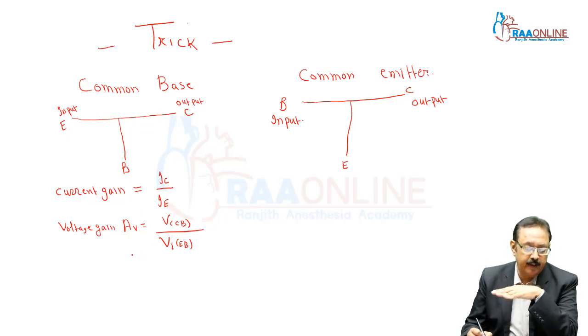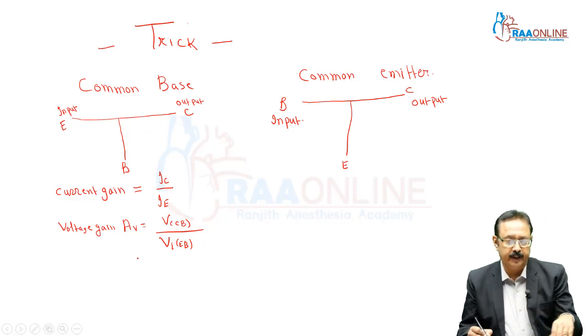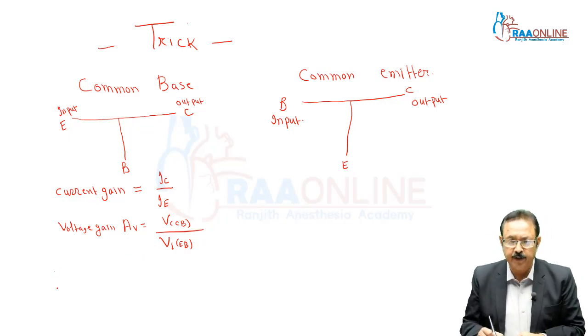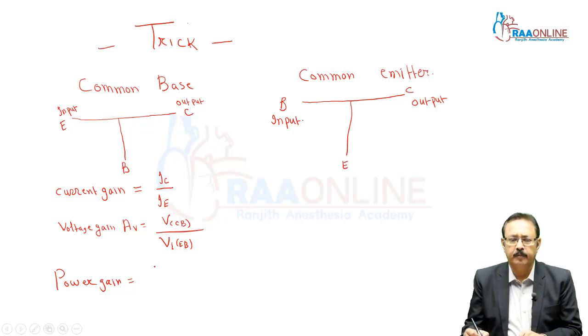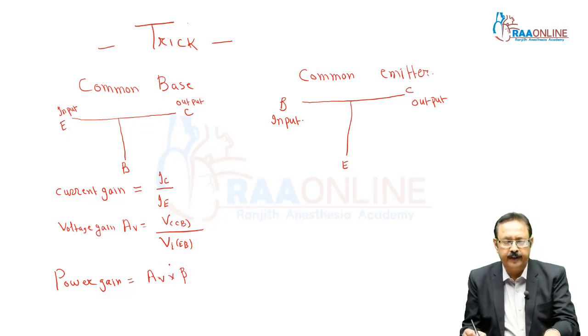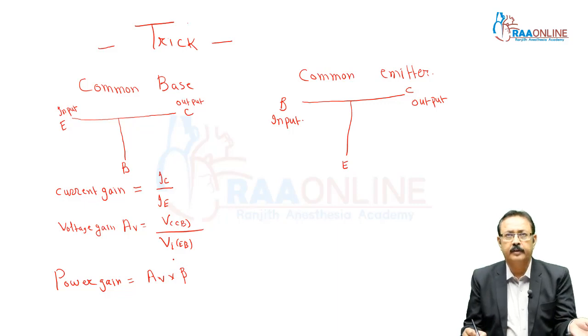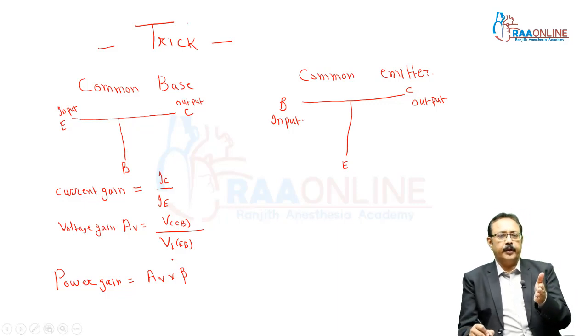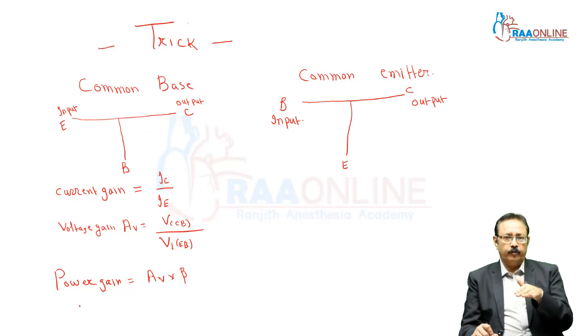So in this way you can calculate each and everything. If you want to find power gain, you know what power is. Power is V into I, meaning voltage gain into current gain. So beta into AV will represent power. So it was all about the theory. We revised. Now we will discuss problems based on these.